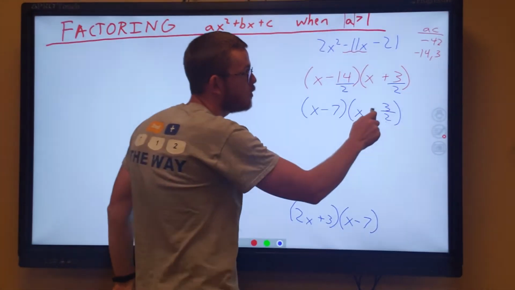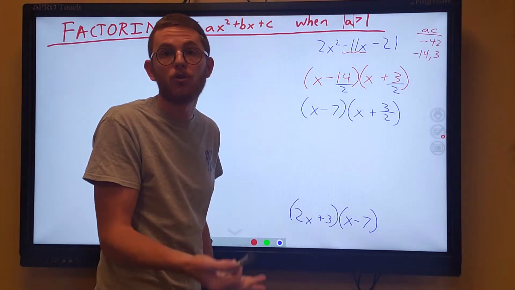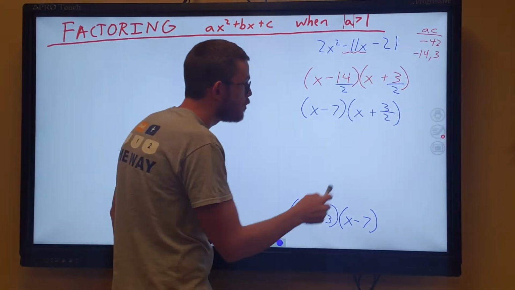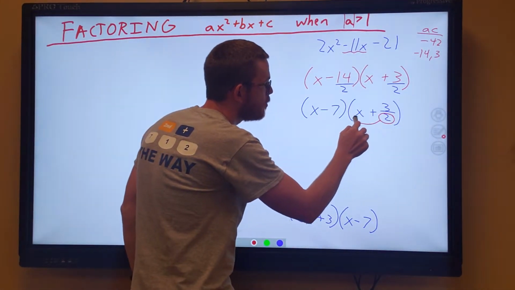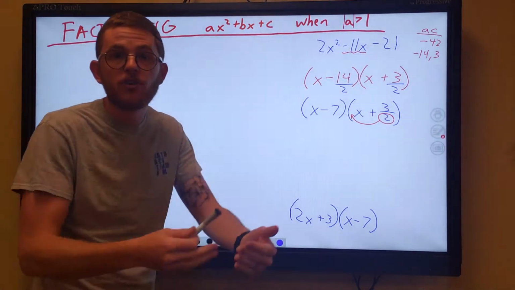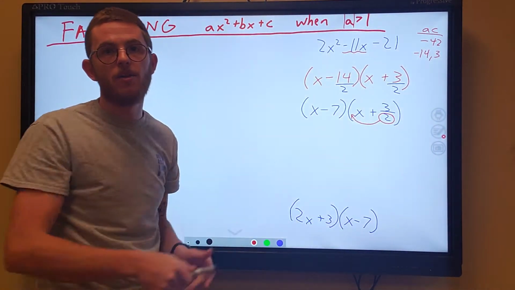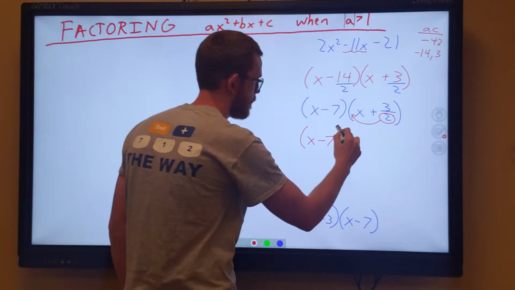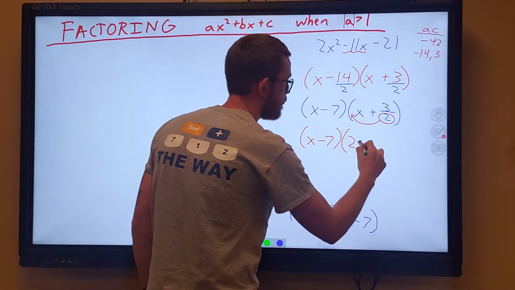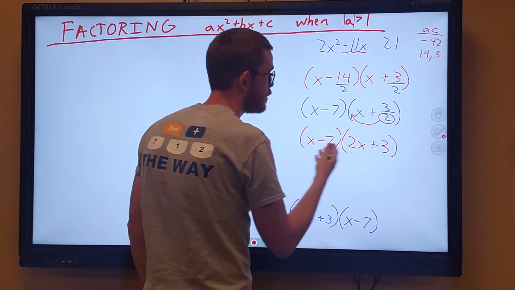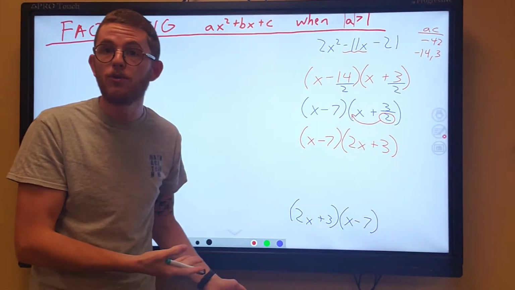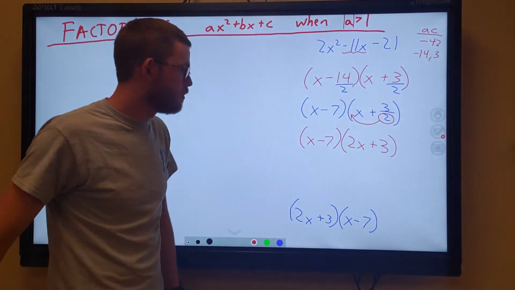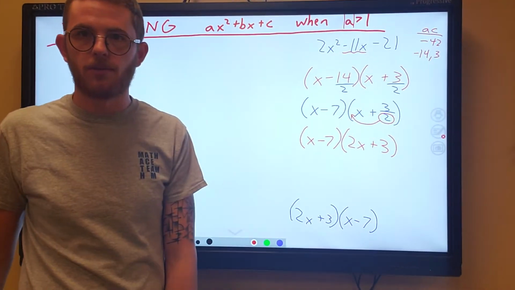If we can't reduce, or even after we reduce, we slide that number. If there's a denominator, you slide that number in front of your variable. Once again, we've used the method and we've gotten our final answer.